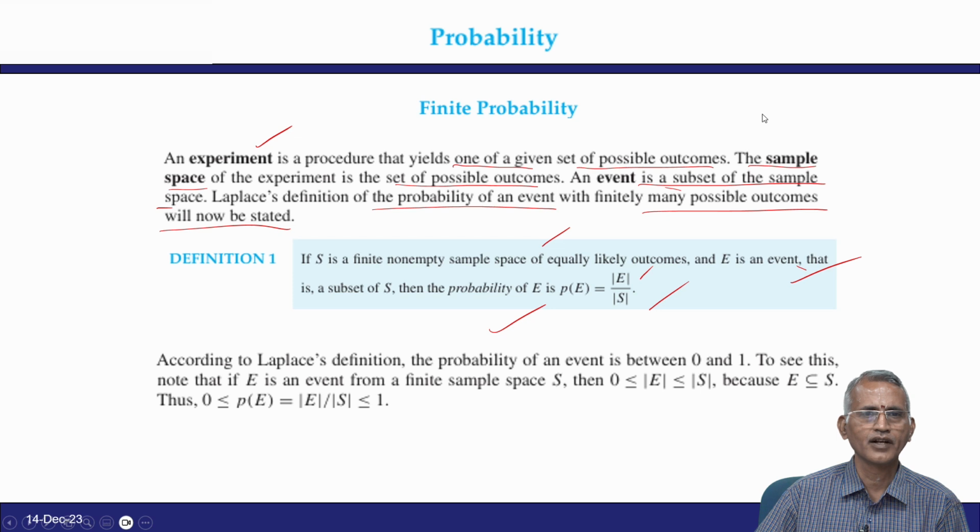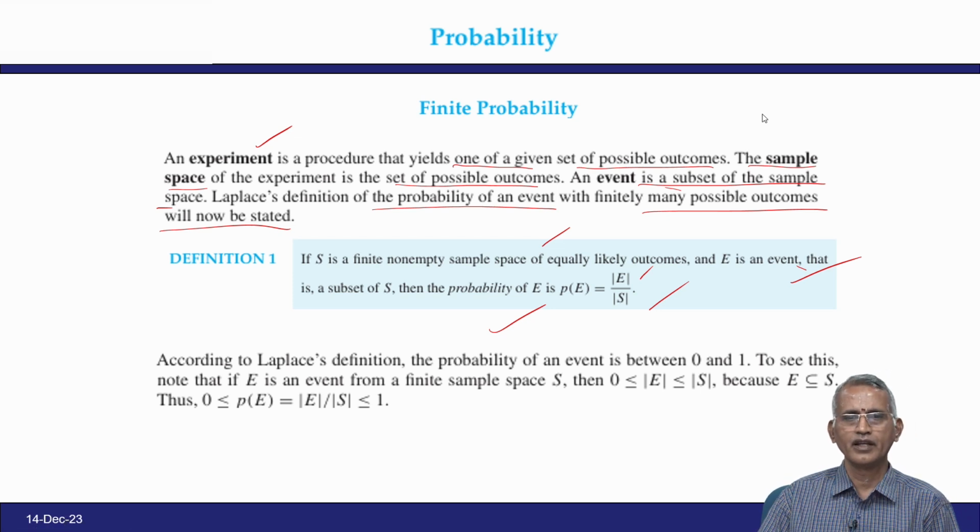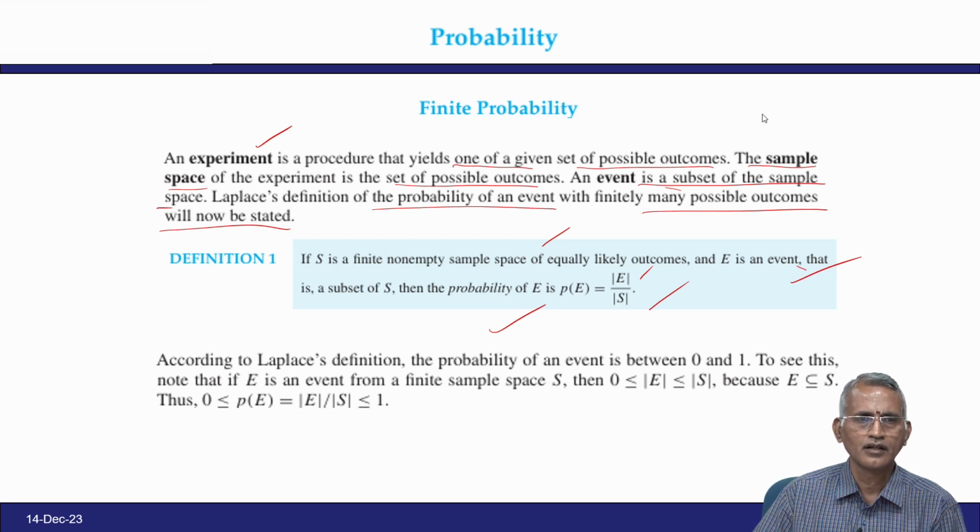According to Laplace's definition, the probability of an event is between 0 and 1. Note that if E is an event from a finite sample space S, then E lies between 0 and S, because E is a subset of S. E is the number of possible outcomes favorable and S is the total number of possible outcomes.